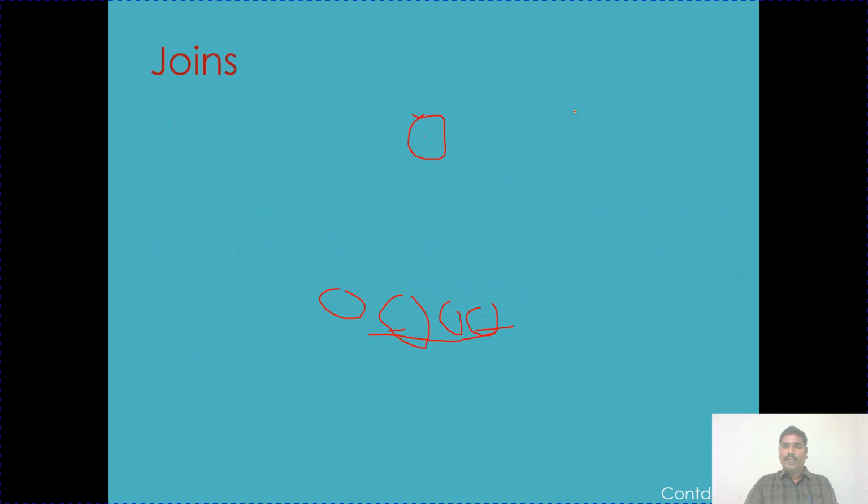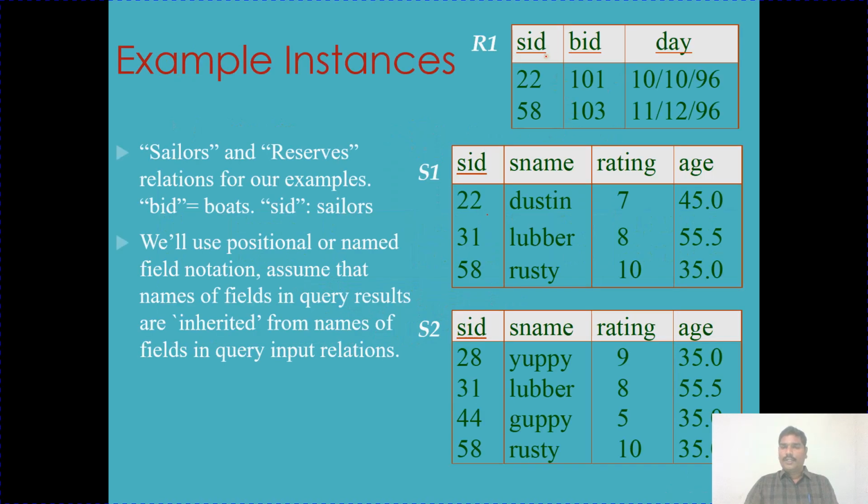Check both tables: SID, BID and day, and SID, SName, rating, age. From R1 the SIDs are 22, 58, and from S1 they are 22, 31, 58.